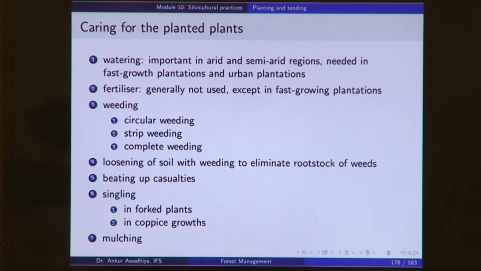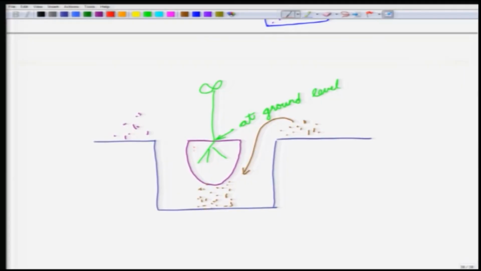One, when you are doing this plantation, the soil ball that is surrounding this plant has come from the nursery, and in the nursery you had added farmyard manure, compost, and fertilizers to this soil. Now, this soil is already there with the plant. So, for the first few months of its life, these fertilizers are already available.